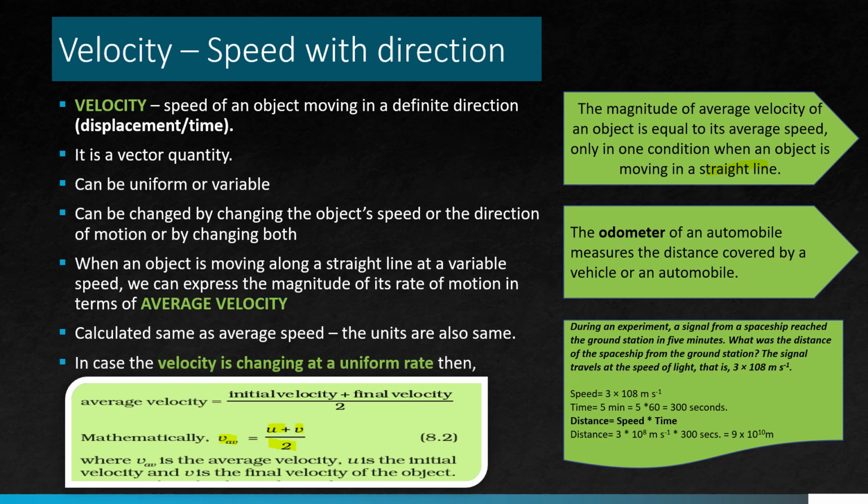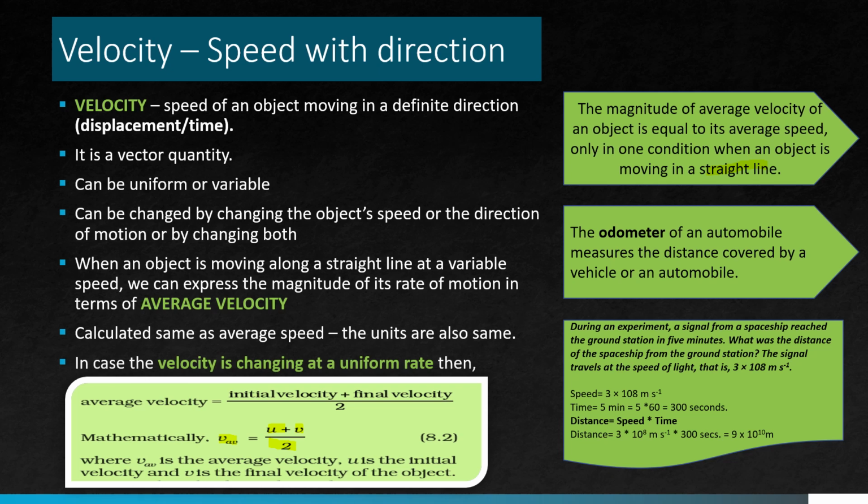When you attempt a numerical, it is very important that you read it thoroughly twice or thrice until you understand what the numerical asks for. Always write down whatever data points are mentioned in the question and then go on to solve it. Here the speed is given and time is given. Since time is given in minutes, we'll convert it into seconds because we are given the speed of light in meter per second.